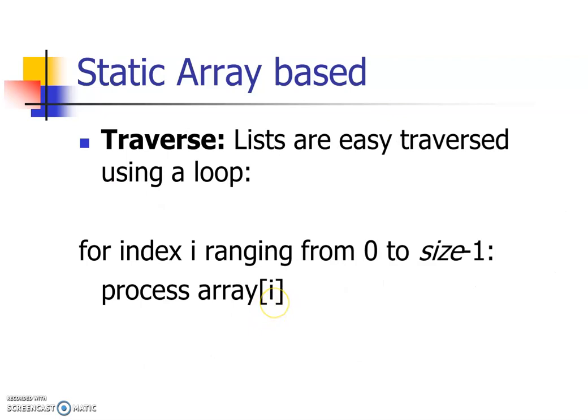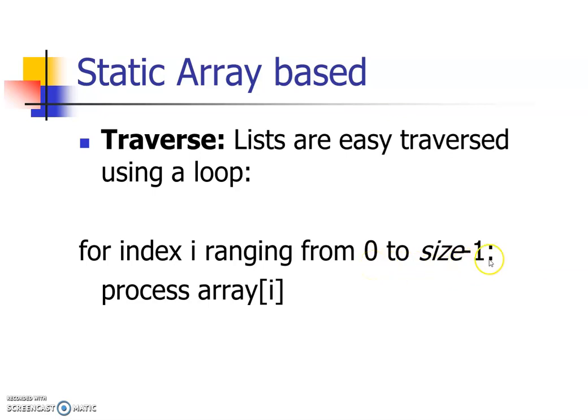Traverse would be straightforward because you already have the array. You know the size of the array, indicating how many elements that you have. So as long as you write a loop, go from the beginning, which is at index 0, to size - 1 because it starts with index 0.